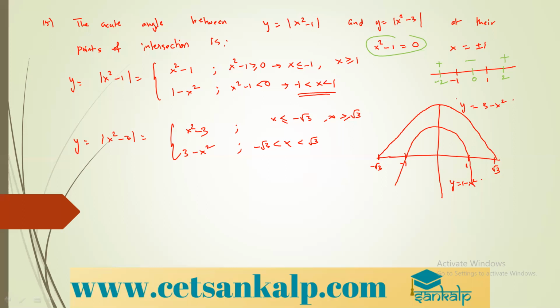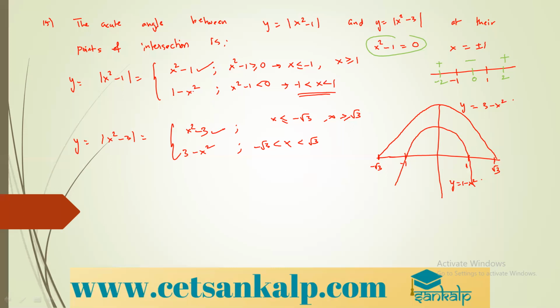So if you want point of intersection of two curves, you have to set both of them equal. Because if you set this and this equal, you won't get point of intersection.